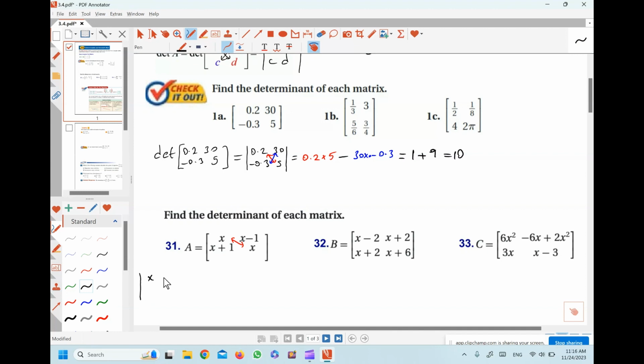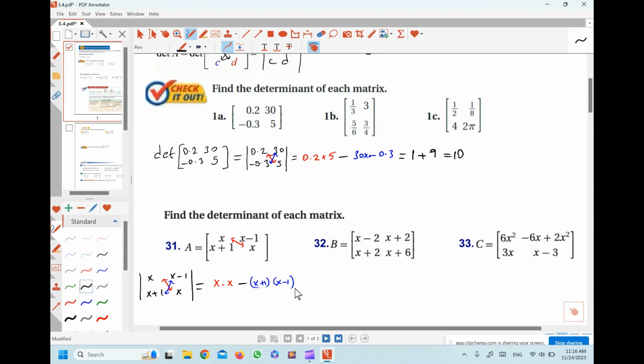determinant form: x minus 1, x plus 1, x. I can either put the expressions between two straight vertical lines, or I can write det in front of the matrix to represent the determinant. So multiply the numbers on the main diagonal, which are x and x, and subtract off the product of the numbers written in the other diagonal, which are x plus 1 times x minus 1.